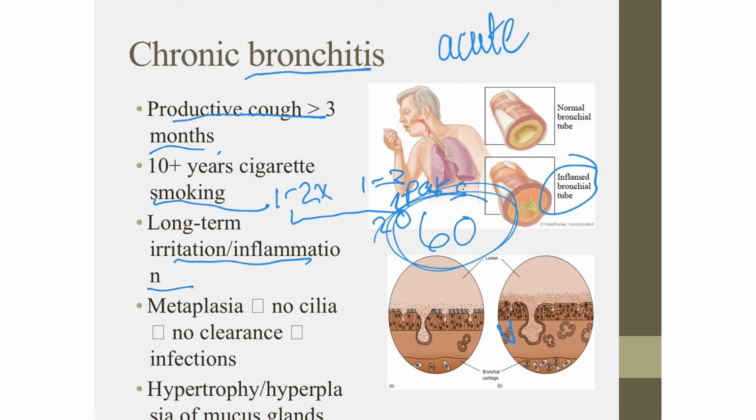So starting with hyperplasia, hypertrophy of the small airways, and then them becoming thicker to protect the tissue. Chronic bronchitis is characterized by this metaplasia of tissue, and meta means change, and plasia means substance. So a change in the substance.